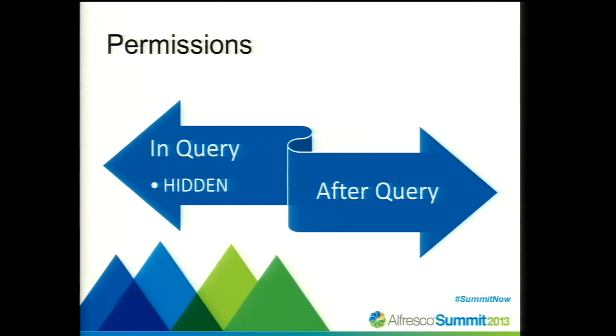So when the results come back from SOLR, it only includes what you can see. It also takes into account the fact that we can hide some nodes. So there's a hidden data type and some special data types that are not indexed in SOLR or in Lucene. And when you execute your query, you will not find them. It doesn't matter what query you execute. They will not come back because they're not in the index to find.